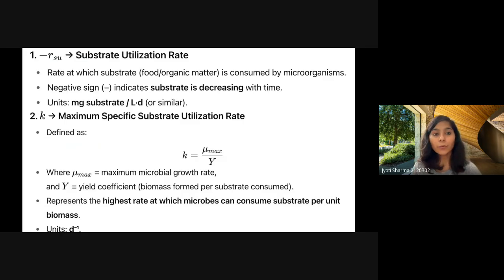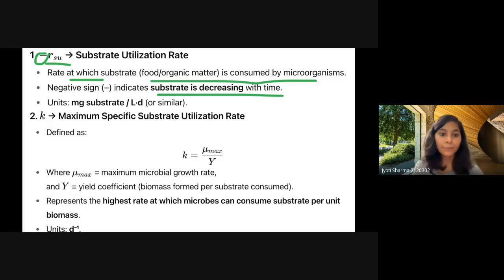Okay, so we have RSU, right? Thank you so much, Venkateshwara. So this RSU is the rate at which substrate is consumed by the microorganism, and the negative sign is because substrate is decreasing with time. That's why we have the negative sign, and the unit will be mg substrate per liter per day.